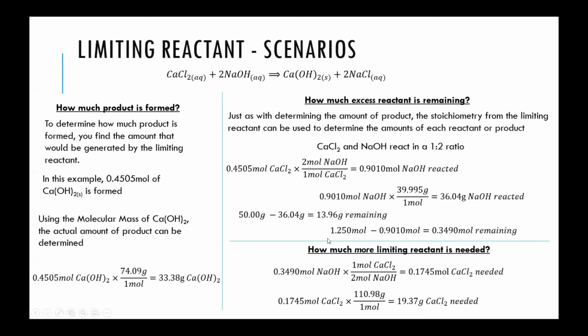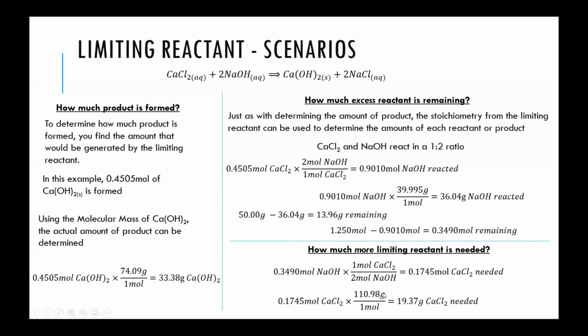If you already converted the 50 grams into moles, you had 1.250 moles of sodium hydroxide and 0.9010 moles reacted. So you're left with 0.3490 moles of sodium hydroxide that is left over and can still react.